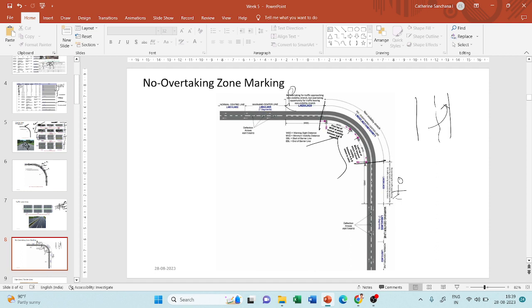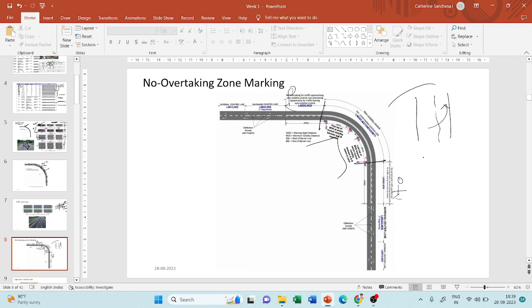So in such cases, despite providing road signs along the roadways, you should also guide them through road markings, right? Where will you provide this no overtaking zone marking? You will provide it on summit curves. Summit curve is a curve with an upward grade, a positive gradient.